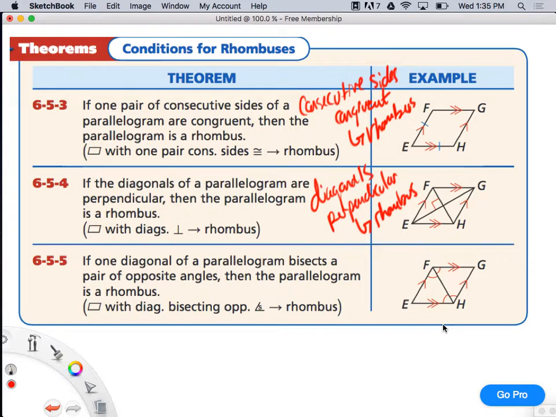So if a diagonal bisects the angles, it's a rhombus. If a diagonal bisects, it's a rhombus. Does that make sense? If a diagonal bisects the angles, it's a rhombus.